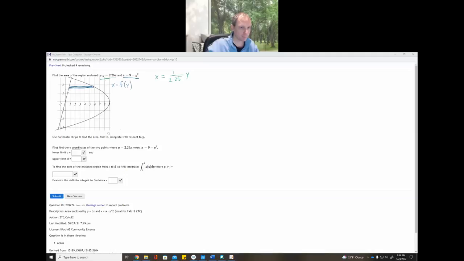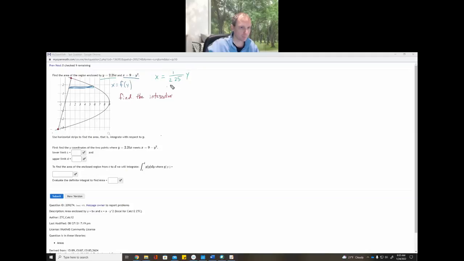The next thing that we need to do before we start setting up an integral or anything like that is we need to figure out where it starts and stops. So I want to find the intersection points. Right? So here, this is going to be where x and y are the same on both curves.